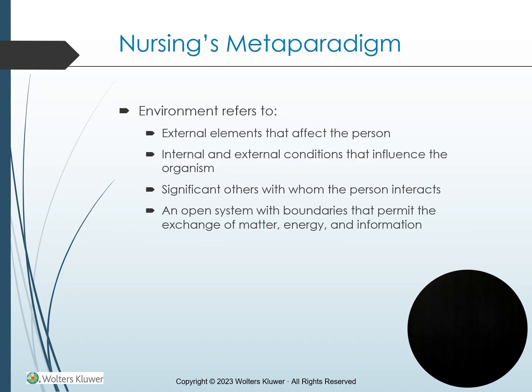Whereas environment is external elements that affect the person, internal and external conditions that influence the organism, significant others with whom that person interacts. It's an open system with boundaries that permit the exchange of matter, energy, and information.